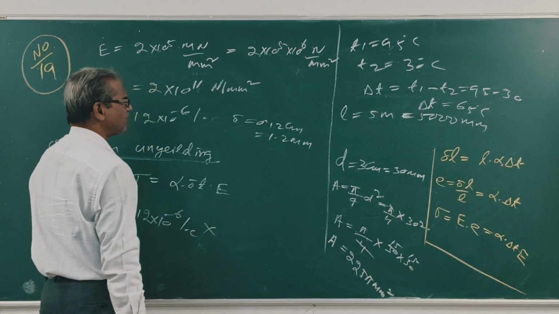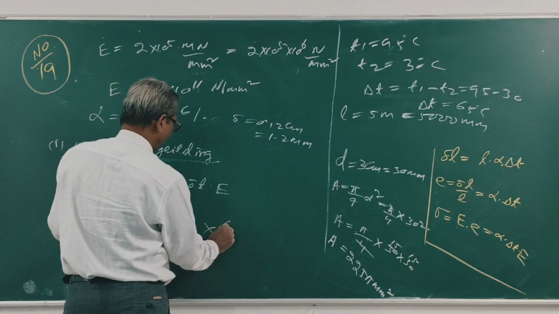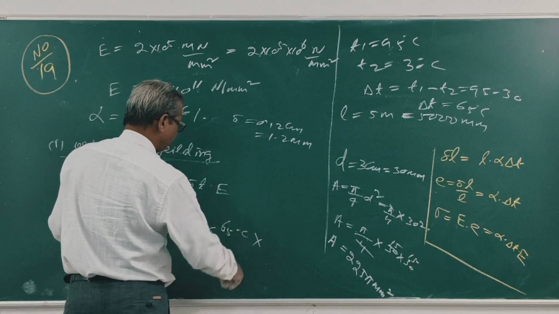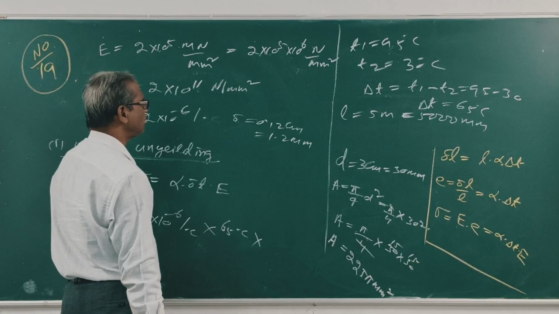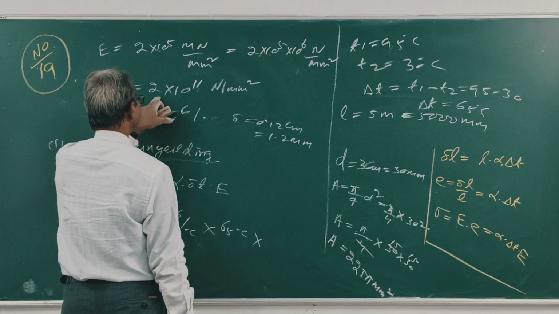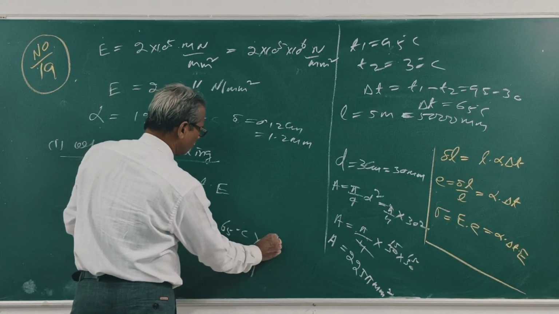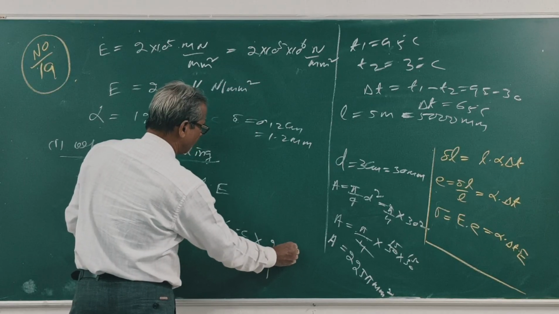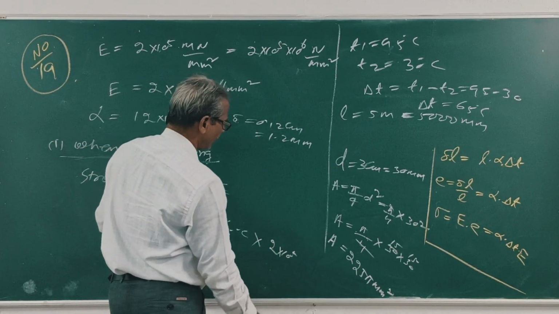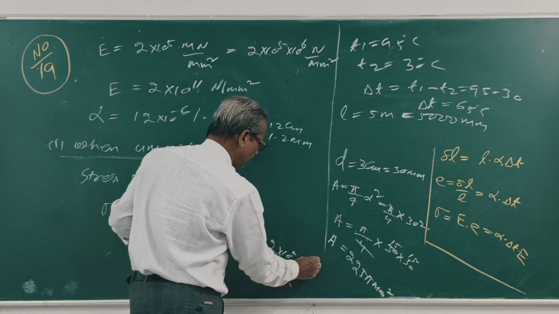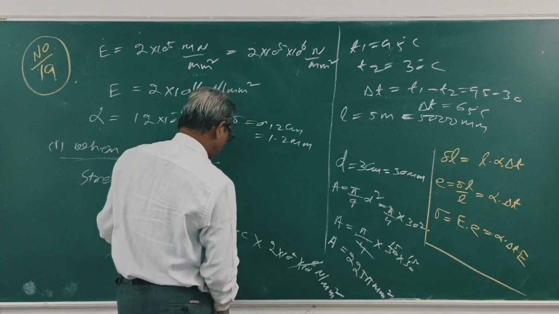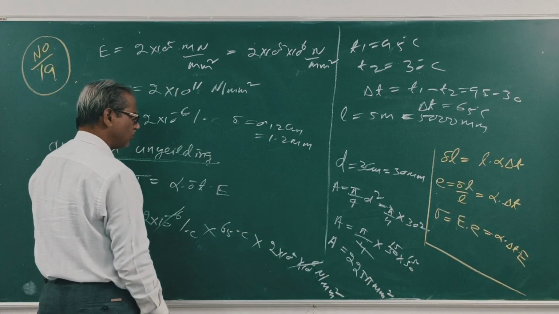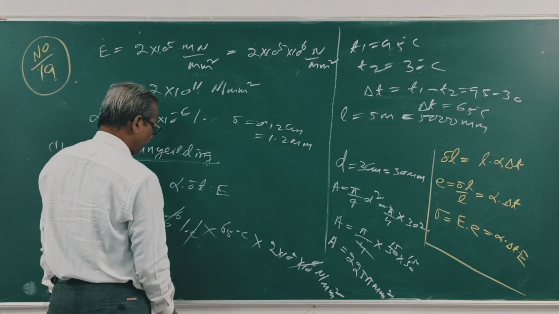Delta T is equal to 65 degree centigrade. E is equal to 2 into 10 to the 5 into 10 to the 6 Newton per mm square. The 10 to the 6 cancels out, and the degree centigrade cancels out.